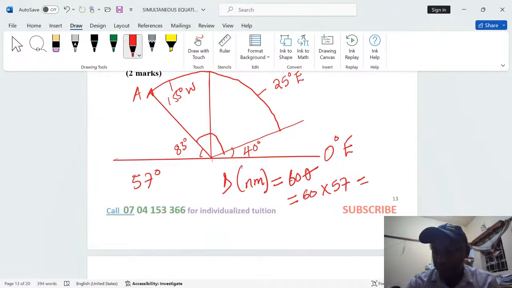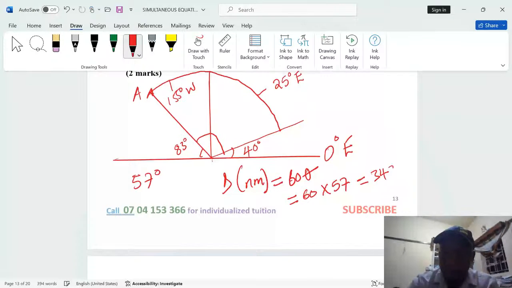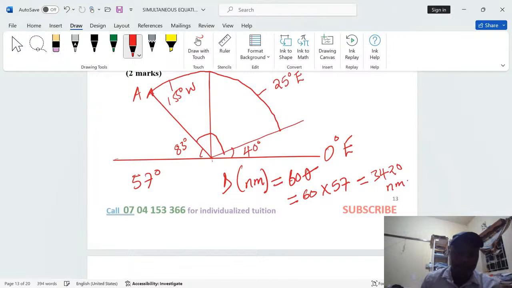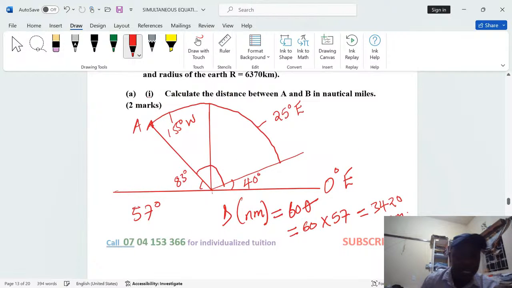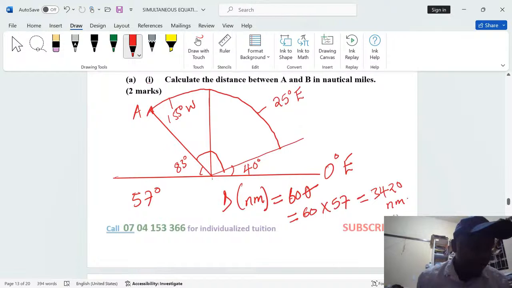So that is going to be 3420 nautical miles. That will be the shortest distance.